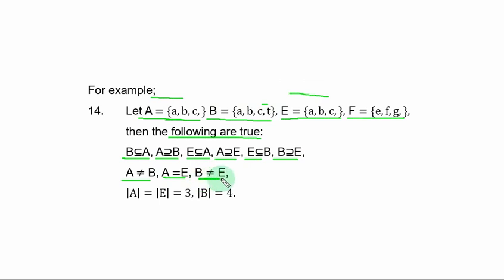B is not equal to E. We want to check the order of the finite set A equal to E. The order of set A is equal to order of set E, and that is 3. You have 3 elements in the 2 sets. Then the order of set B, the number of elements in a finite set, is the order, and you have 4 elements in set B.